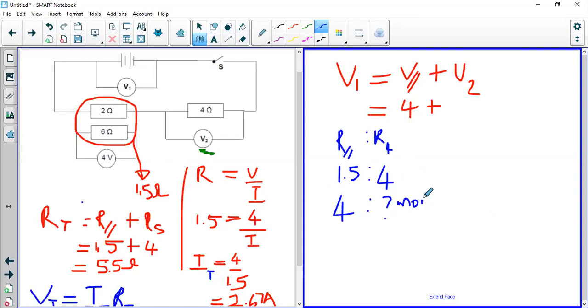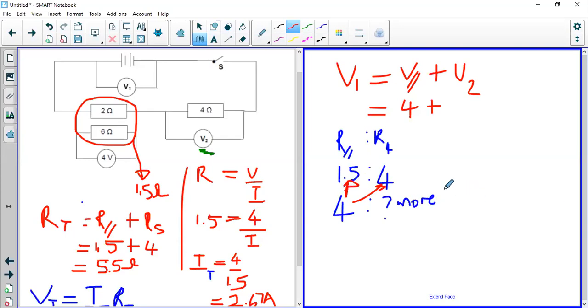So for me to get more than 4, what am I gonna say? I'm gonna say 4 divided by 1,5 multiplied by 4, right? So basically what I do, I cross multiply. I multiply this 4 by the 4 and divide it by the 1,5. That's how I get the answer here.